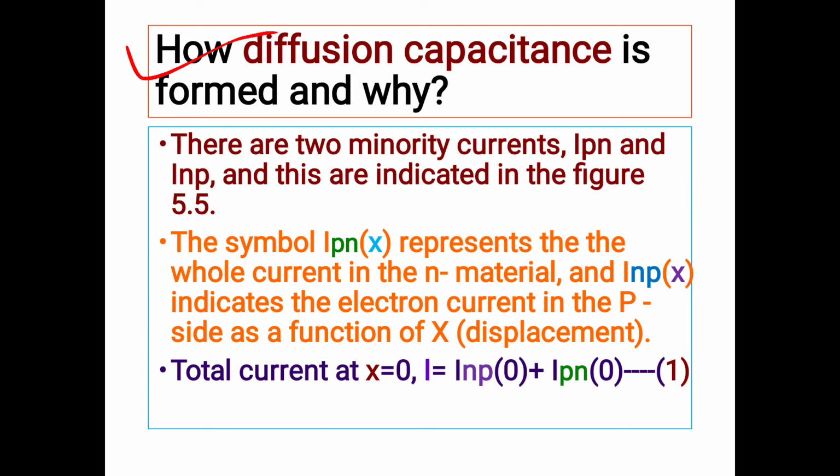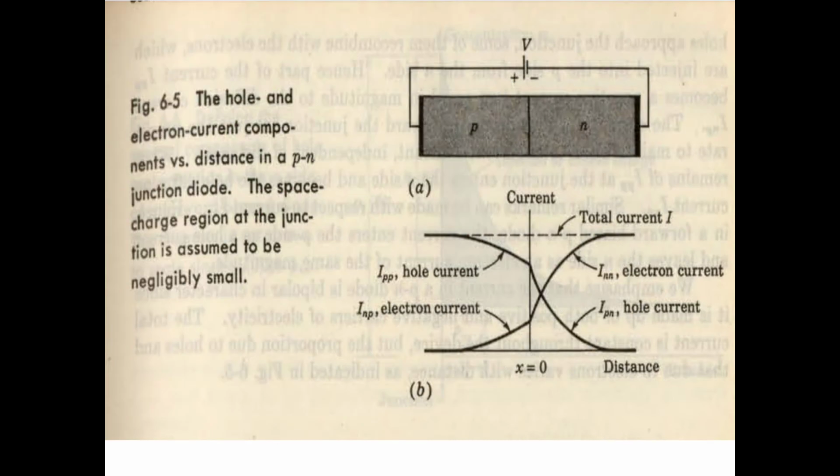There are two minority currents, IPN and INP. These are indicated in figure 5.5. You can see here, this is our electron current INP, and this is our hole current IPN.